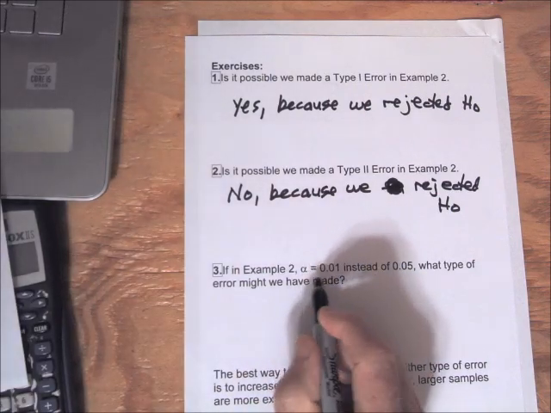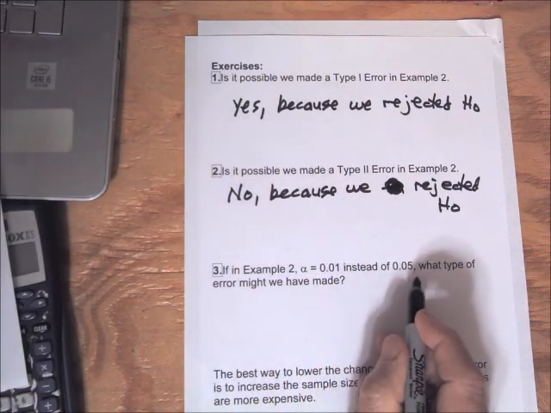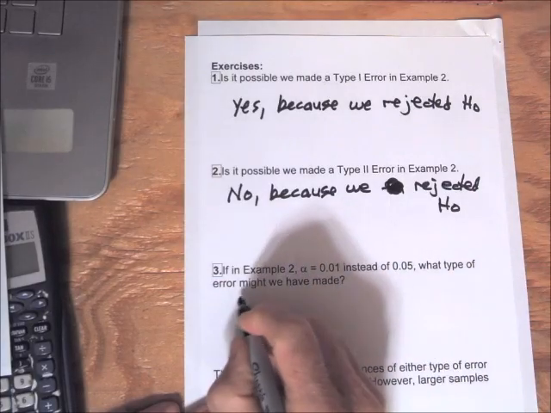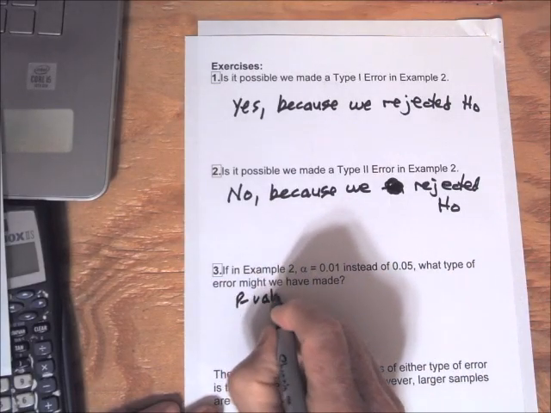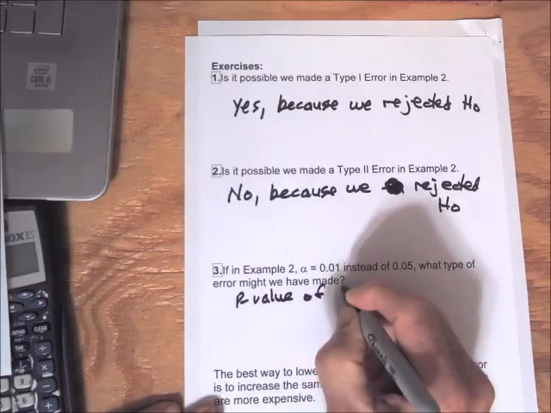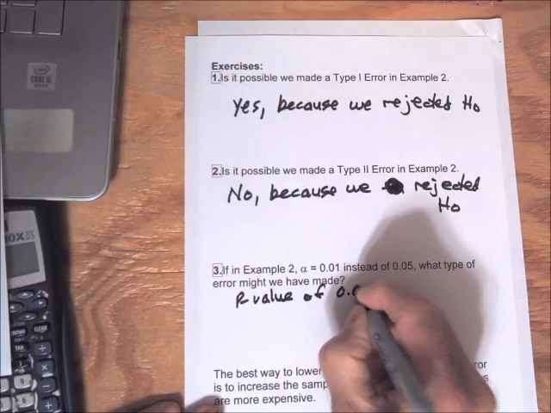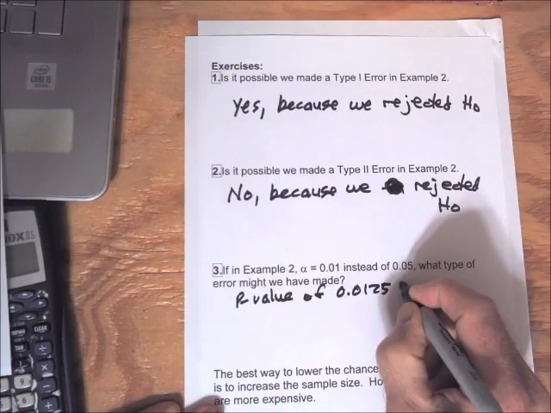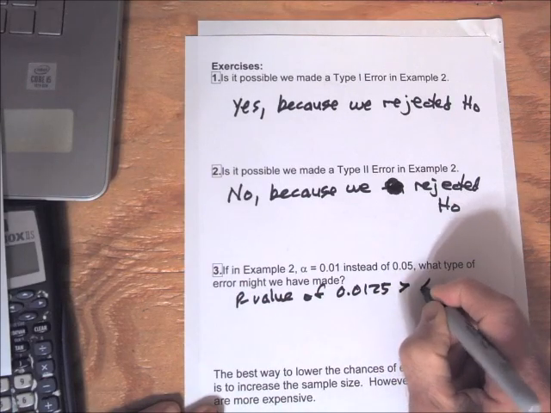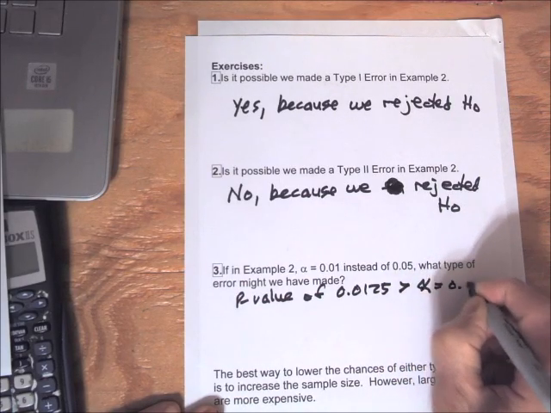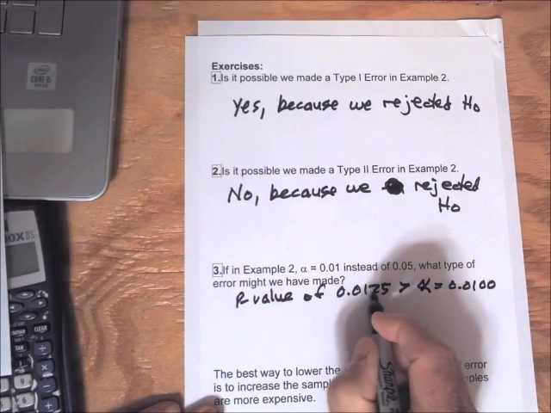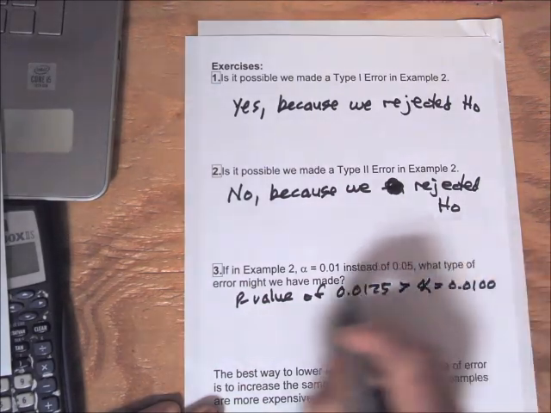If in example 2, alpha had been 0.01 instead of 0.05, what type of error could have been made? Well, the p-value of 0.0125 is greater than alpha. In this case, alpha is 0.01. If you want, you can add some trailing zeros. 125 is more than 100.